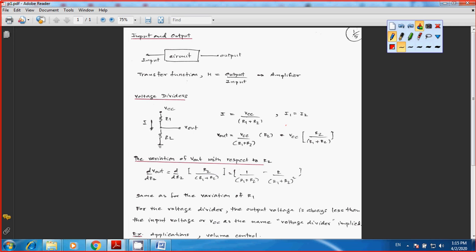Okay, from this equation, to have V out to be greater than input voltage, or VCC, this means that your denominator has to be smaller than the numerator, or one of your resistors, either R1 or R2, has to be negative resistance.